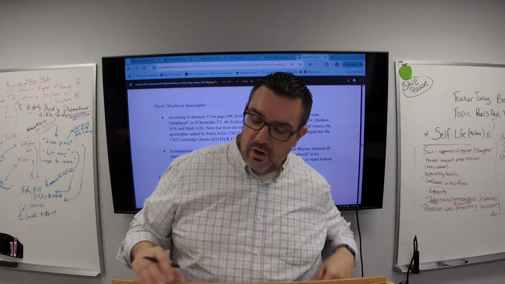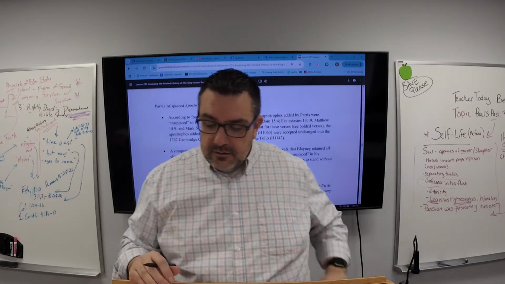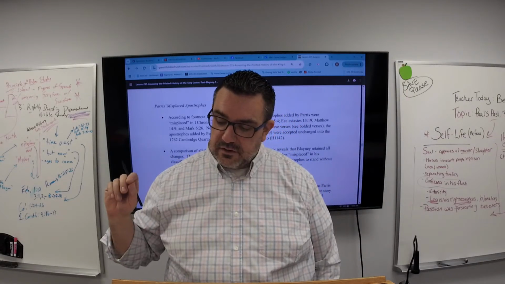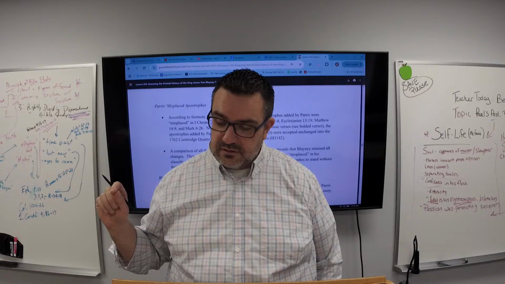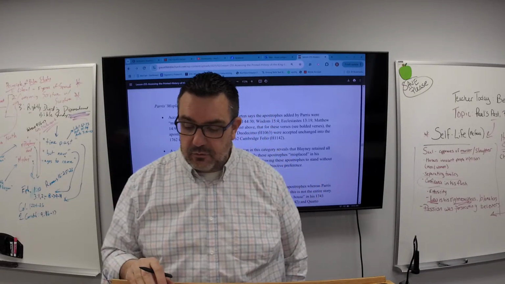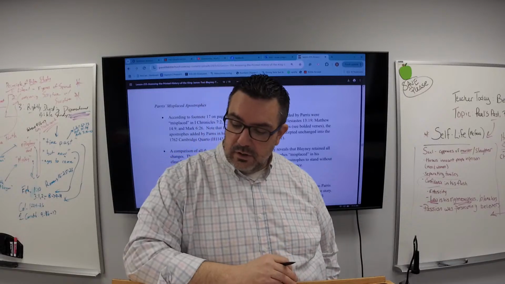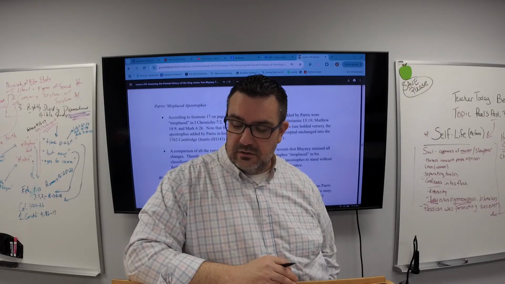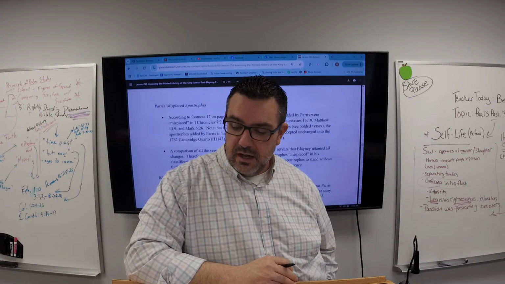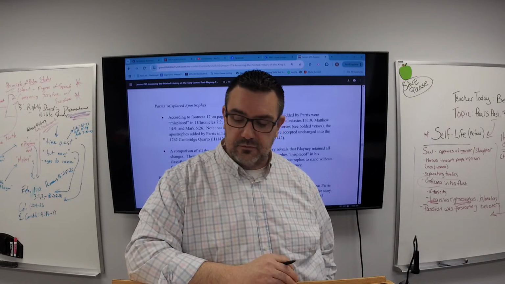Okay? Note from the list above, see the bolded verses, the apostrophes added by Paris in his 1743 duodecimo were accepted unchanged into the 1762 Cambridge Quarto and 1762 Cambridge Folio.